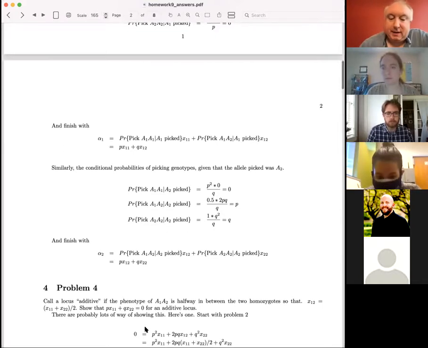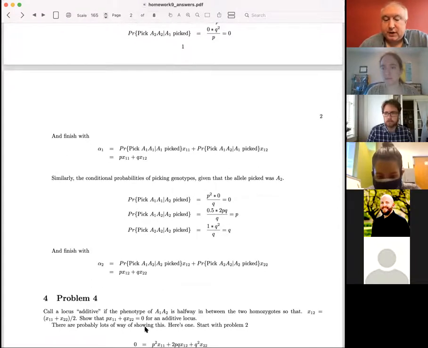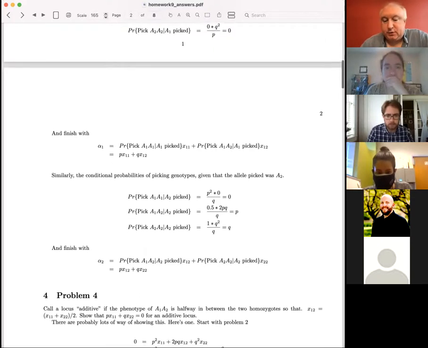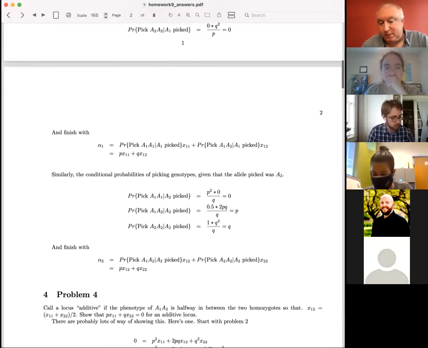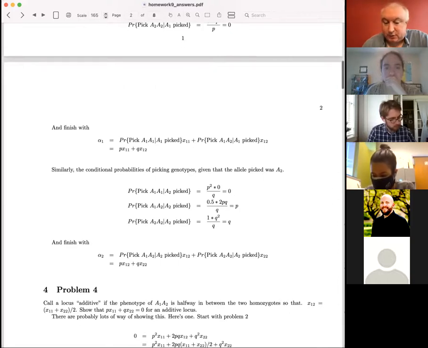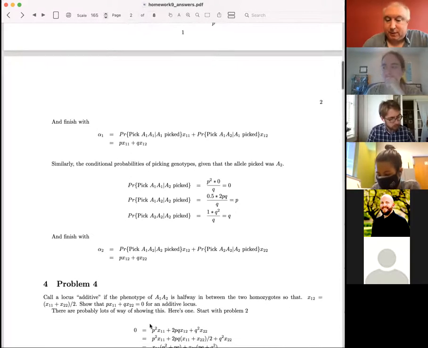If you didn't get that for problem 2, life is going to get much harder. So spend some time on problem 2 showing that p squared x11 plus 2pq x12 plus q squared x22 is 0.